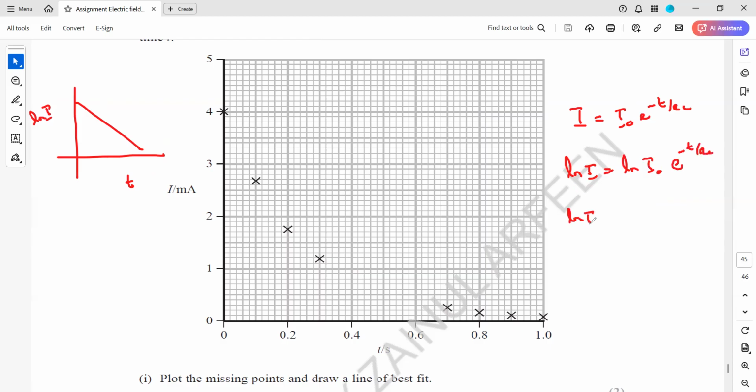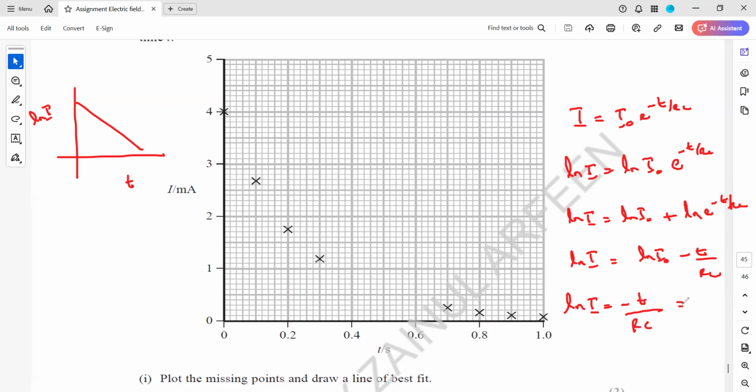So this will be ln I naught plus ln e raised to power minus t over RC. ln and e will cancel out, so ln I equals ln I naught minus t over RC. If we rearrange the equation, ln I equals minus t over RC plus ln I naught.